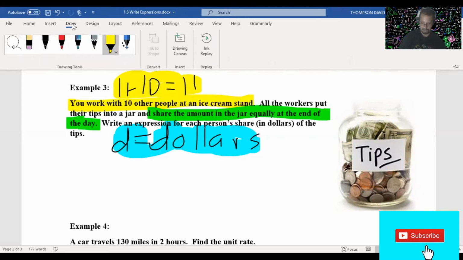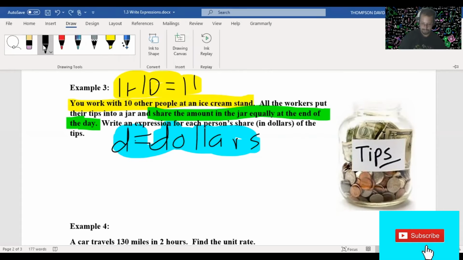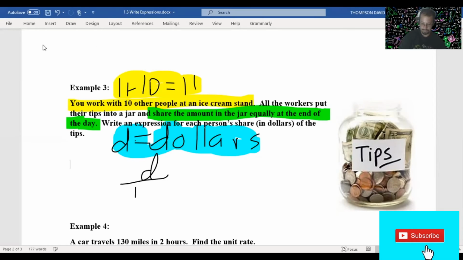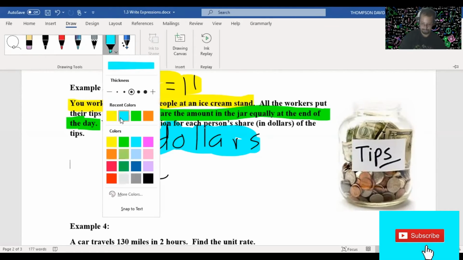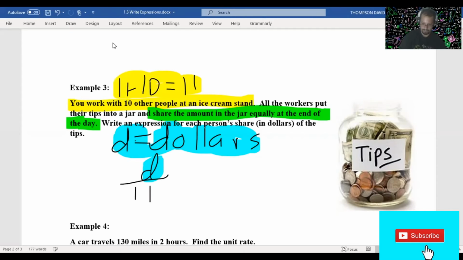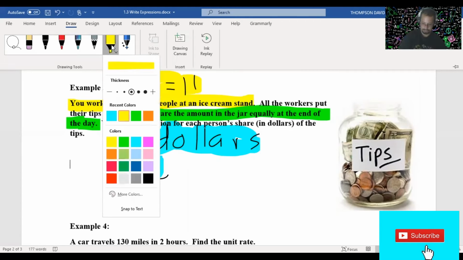So to get our expression, I'll say D divided by 11. And we are done. We're going to highlight the D in blue, and we'll highlight the 11 in yellow. And we're done.